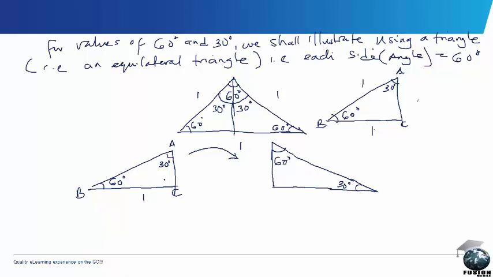The sides change to the side of 30 A, and then the side of 60 B sitting up, and then this other side C. And then I know that BA is the side I'm looking for, and BC is 1, and then CA is 1 too.